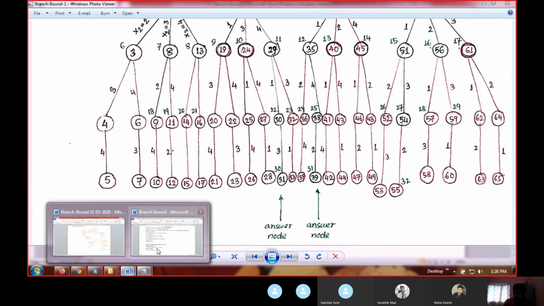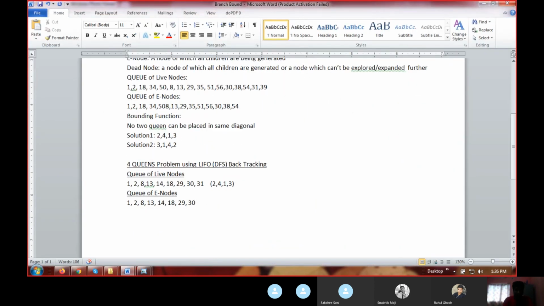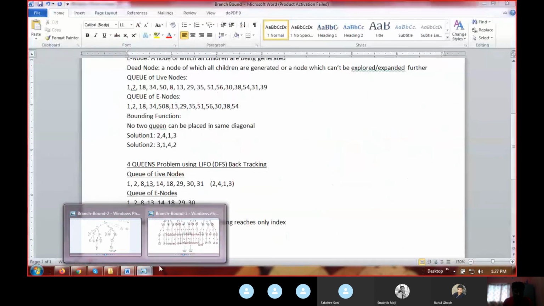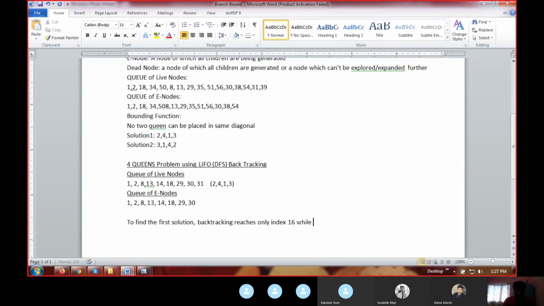So what we have observed is that, to find the first solution, backtracking reaches only index 16, and branch and bound reaches an index of 30.